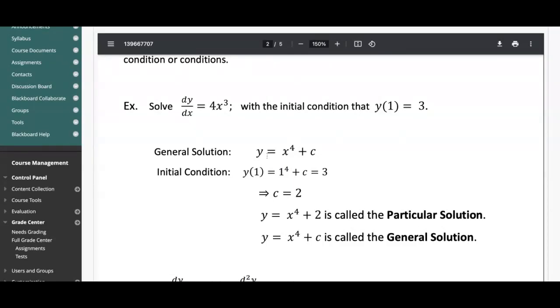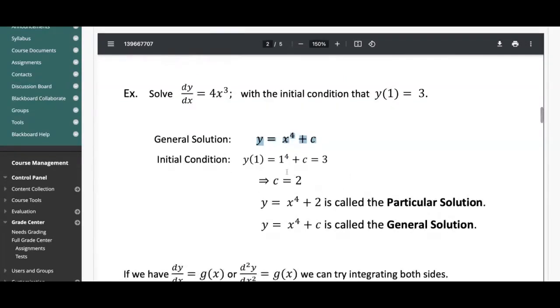So the solution where we integrate this just once, we get y equals x raised to 4 plus a constant, right? So this is a family of functions. And with this initial condition, we plug in this 1 point, x value is 1, y value is 3, and we can solve for the constant.